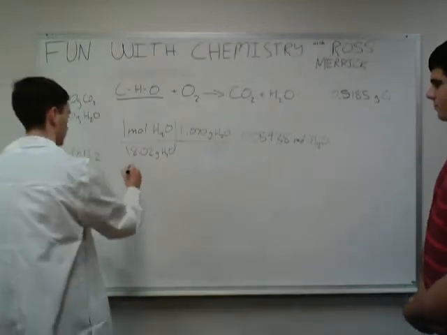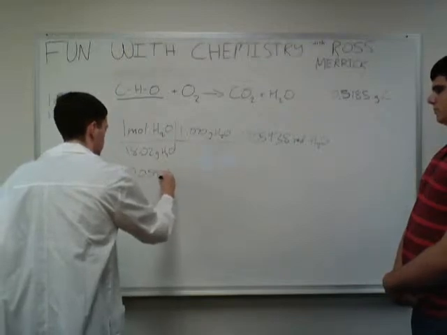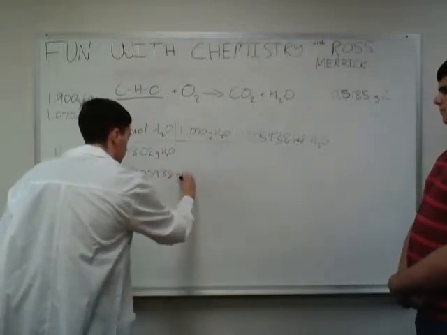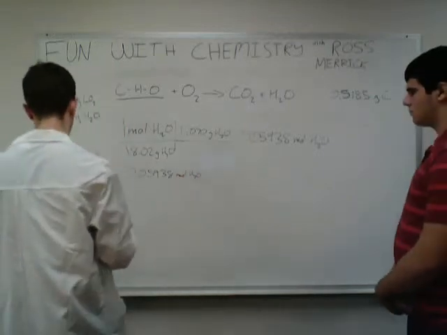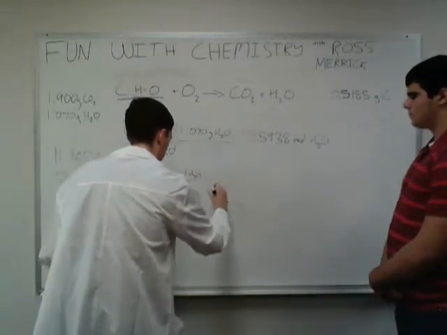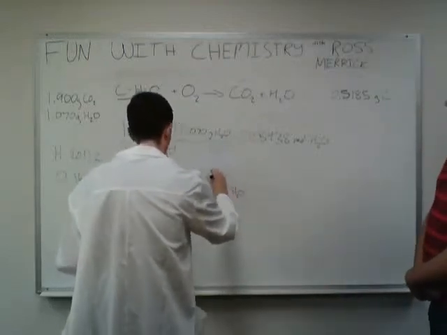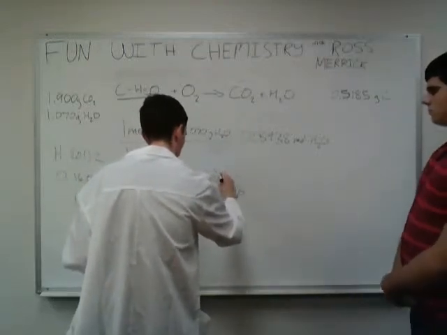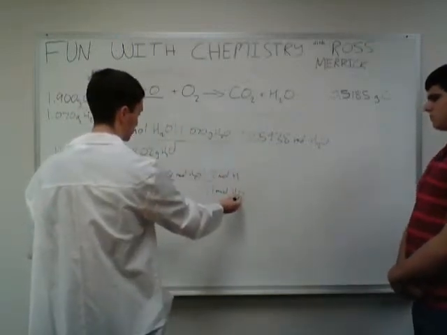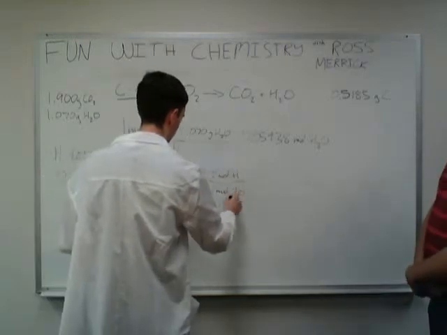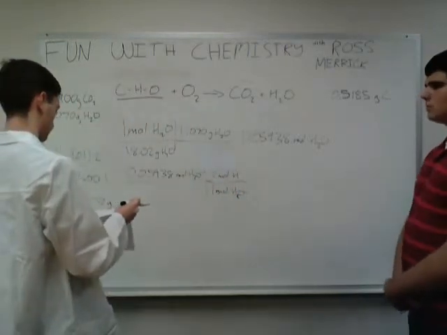Now, with moles of water converted, we can find the grams of hydrogen. So we have 0.05938 moles H2O. For every 1 mole of H2O, there are 2 moles of hydrogen, subscript 2. So moles of water cancel out, and we are left with moles of hydrogen.